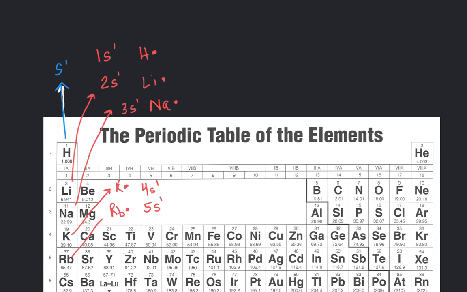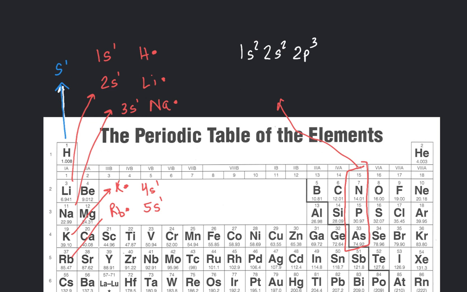Now, if you were to go over to, let's say, nitrogen here, nitrogen's group 15. So nitrogen's configuration is 1s2, 2s2, 2p3.